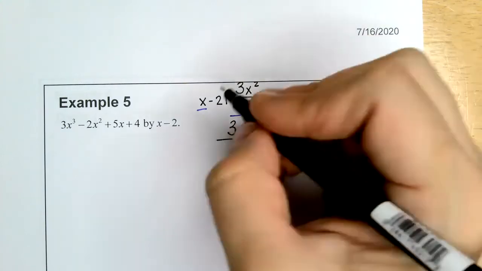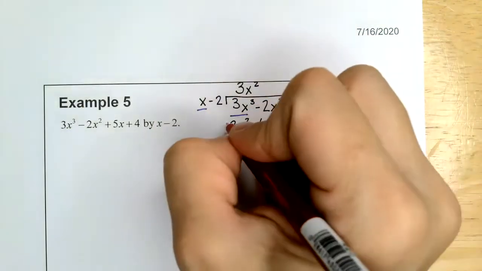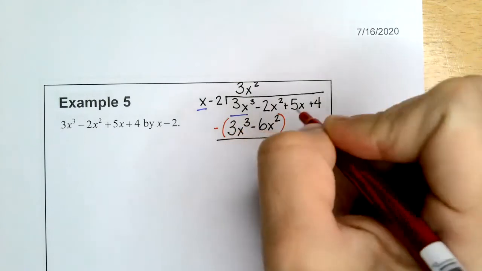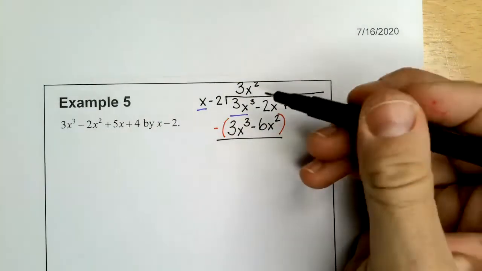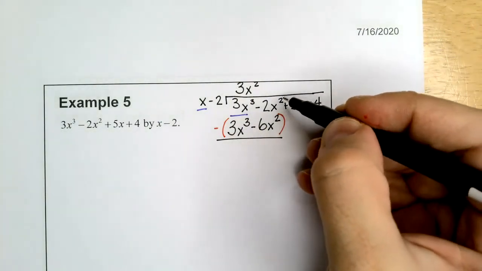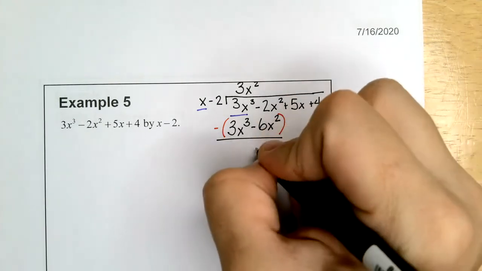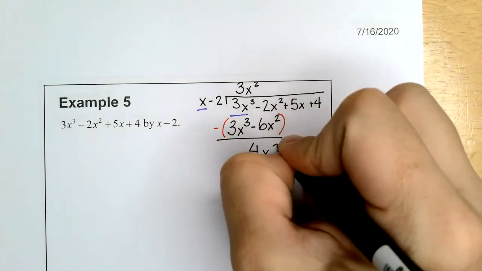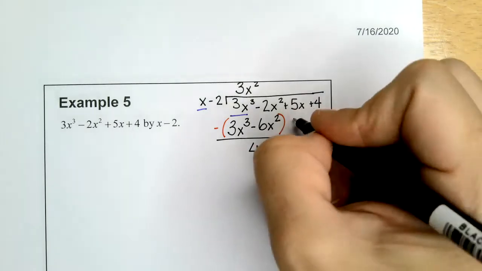These cancel. Oh, sorry, we're subtracting, but they cancel. Negative 2x squared plus 6x squared is 4x squared, right?